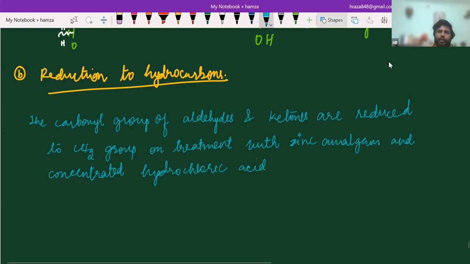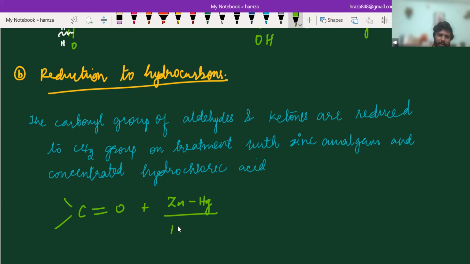It's very easy to understand. See, I'm going to write the reaction. If you have an aldehyde or ketone and you use zinc amalgam, that is ZnHg, in the presence of HCl, what will happen?